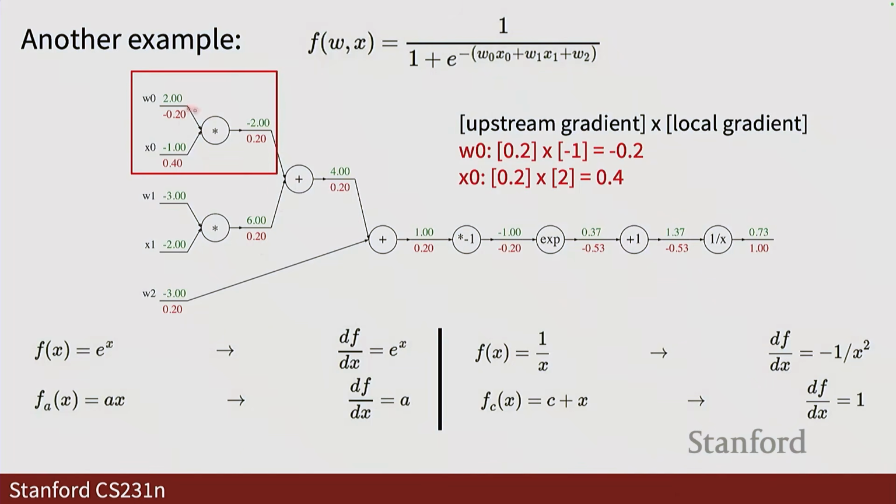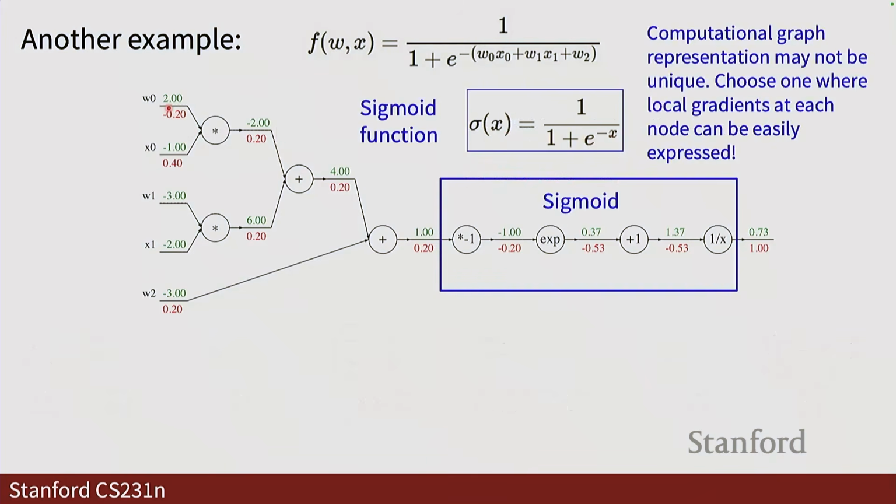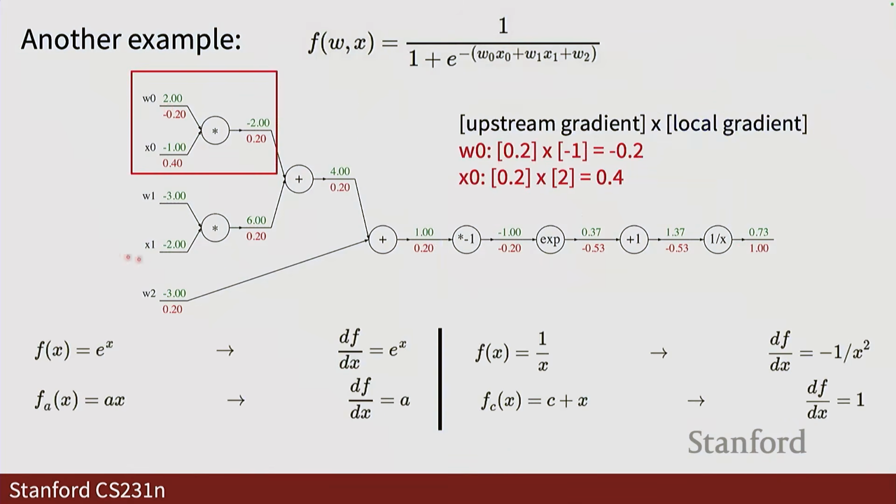So here, for the first one, it's minus 1, which is the value of x, and for the second one, it's 2, which is the value of w, so the other variable, whatever value it has. So with that, we can calculate everything, and then also calculate the ones with respect to w1 and x1.